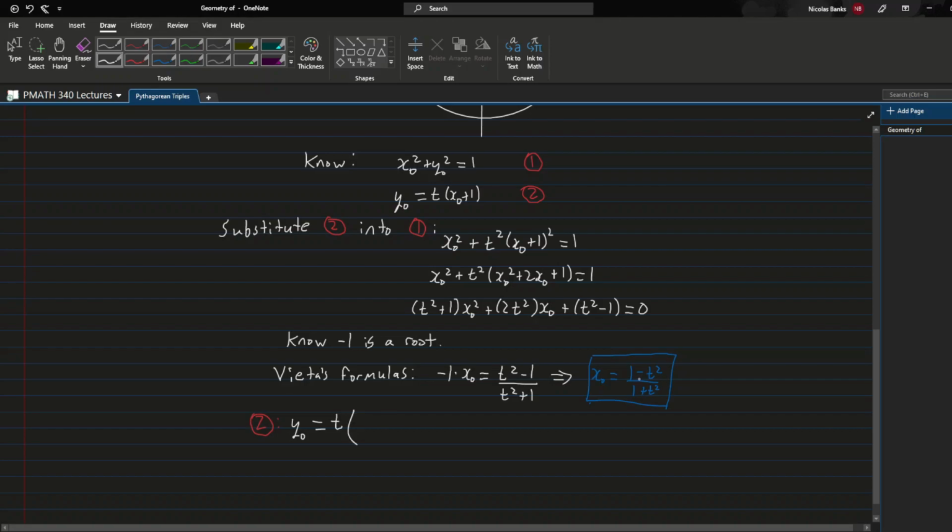Now we know an expression for x naught. It's 1 minus t squared over 1 plus t squared, plus 1. Well, instead of plus 1, I should do plus 1 plus t squared over 1 plus t squared.